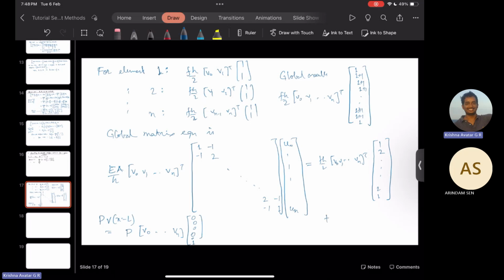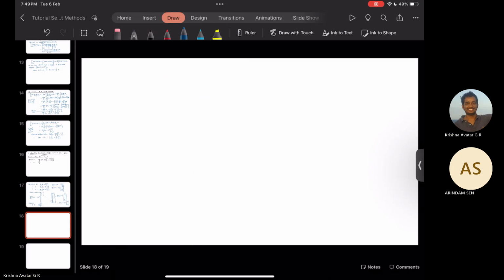So this is how we fit it here. P, V0, V1 till Vn transpose, 0 0 till 1. Fine. So this was our global assembly.